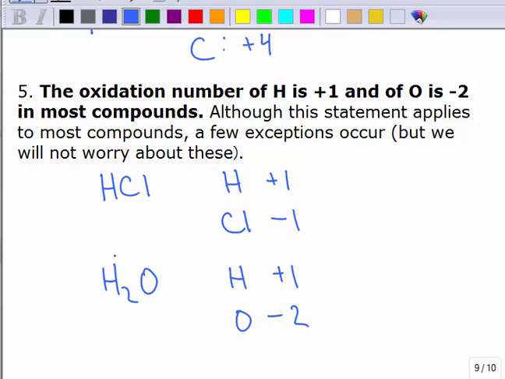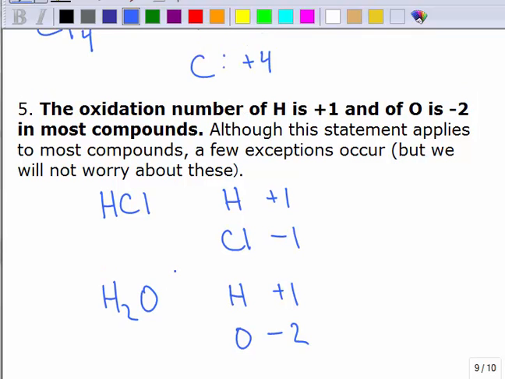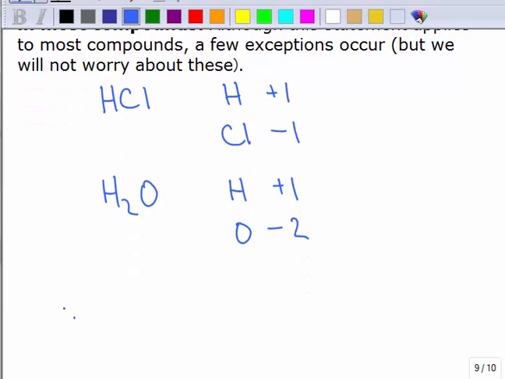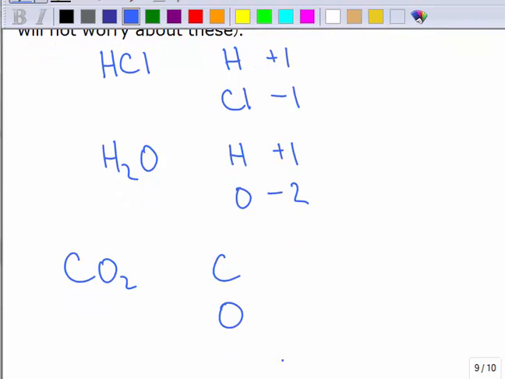Now, once again, this allows us to use these elements, hydrogen, oxygen, and of course, fluorine, to predict the oxidation state of other elements. So, for example, if we had the compound carbon dioxide, CO2, for carbon in this compound, we need to know what it's paired with. Each of those 2 oxygens is going to be -2, telling us that our carbon, to balance that oxidation state, must be +4 because there are 2 of those oxygens.